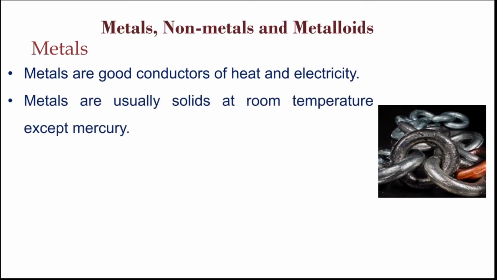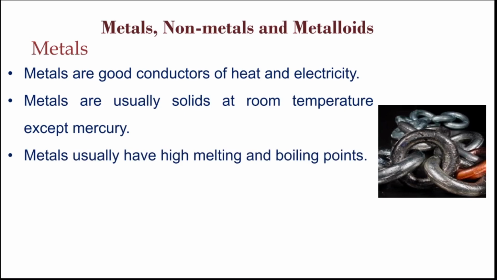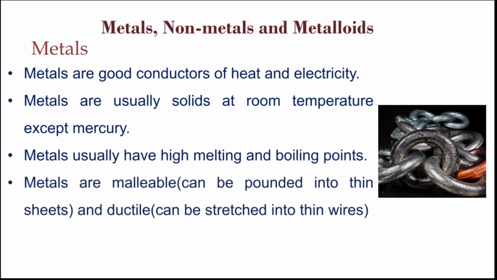Metals are usually solids at room temperature except mercury. Metals usually have high melting and boiling points. Metals are malleable, that means they can be pounded into thin sheets, and they are also ductile, that means they can be stretched into thin wires.